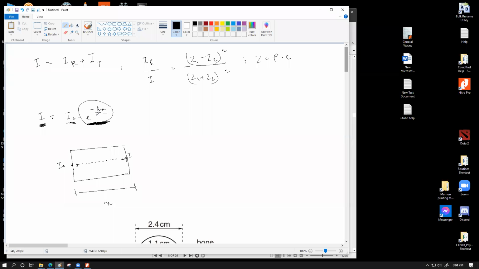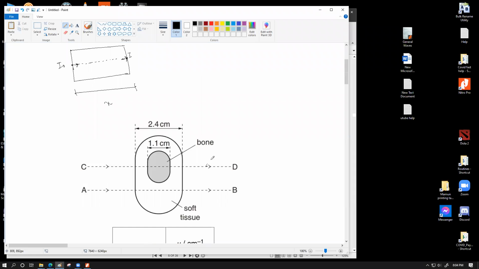If you have the presence of multiple mediums, you'll have multiple of these things multiplied side by side. As a result, for the beam CD, this equation is going to be something like this. The emergent ray should be equal to I naught, which is the initial or incident intensity, e to the power minus kx, one for the soft tissue part, let's say one for the bone part, and then once again e to the power minus kx.